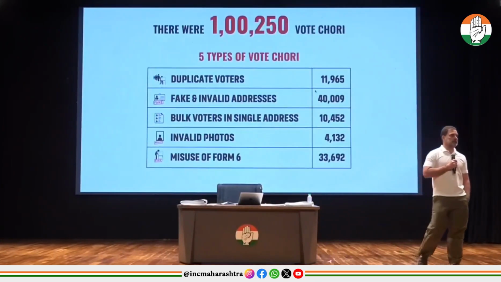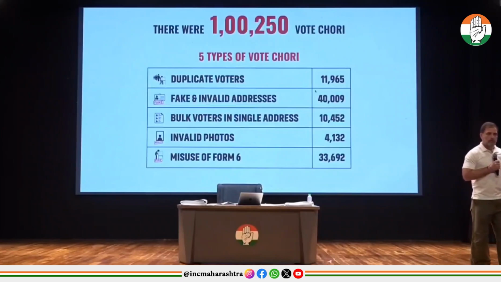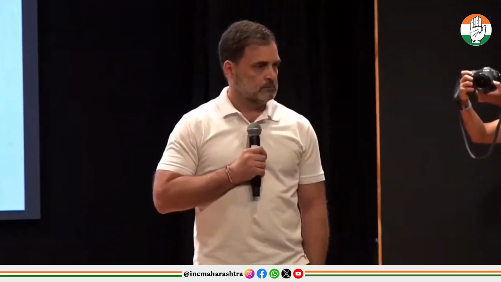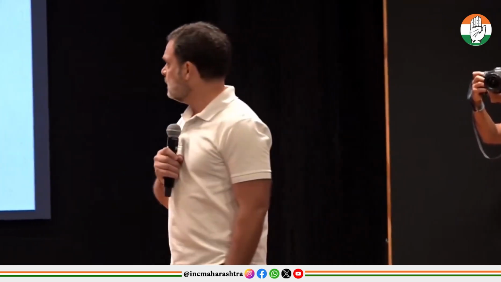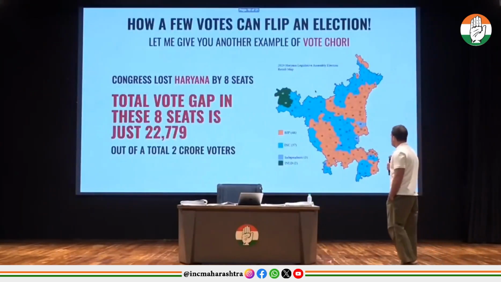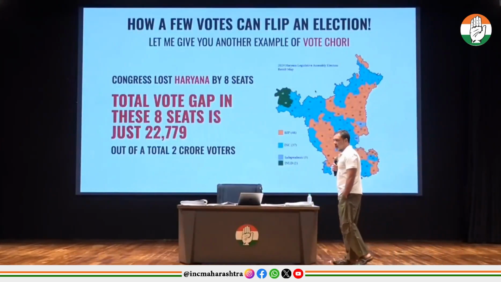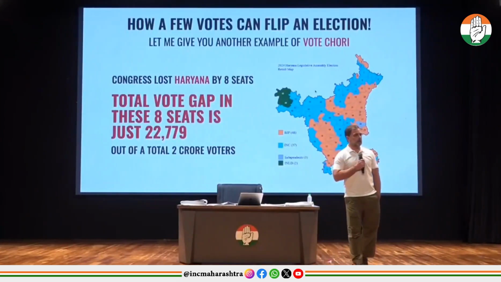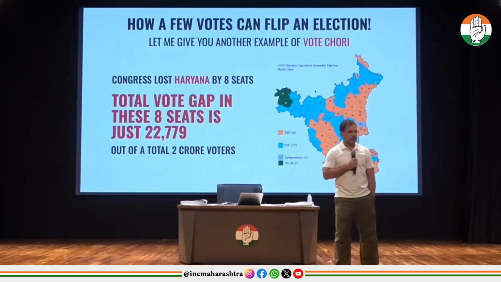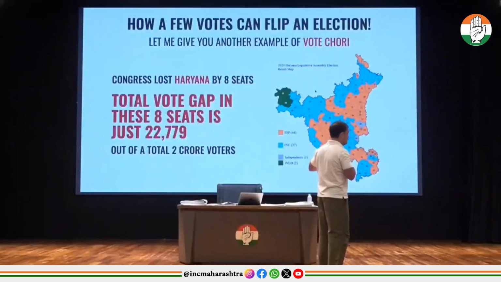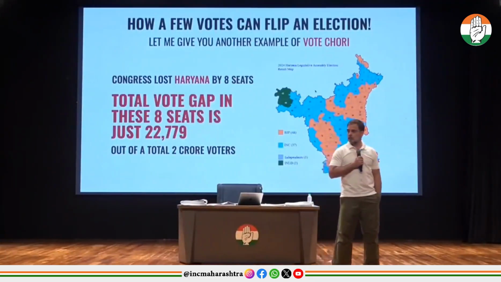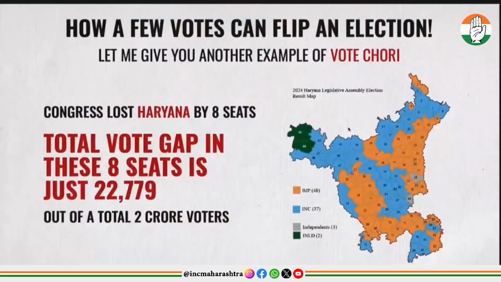The reason the Election Commission does not give us data is because this is happening across the country. To give you an example, the difference between winning and losing the Haryana election for the Congress was 22,779 votes in the entire state.